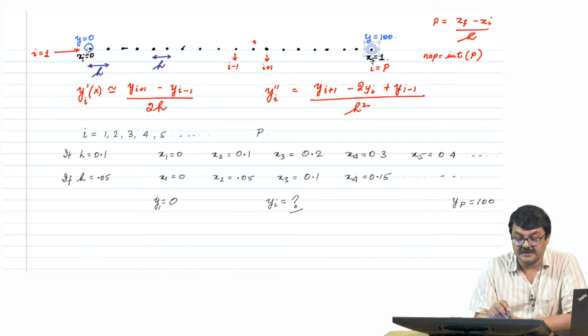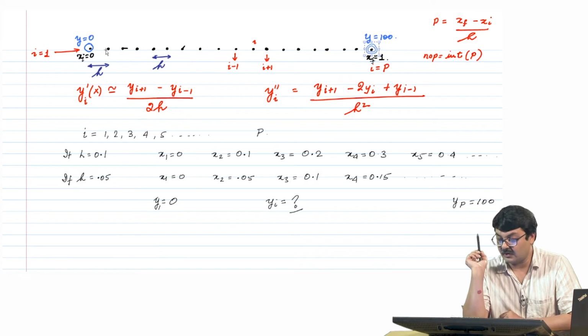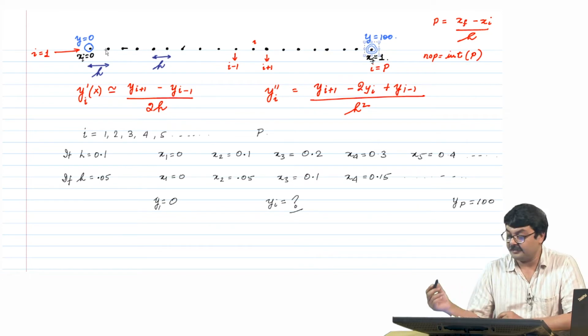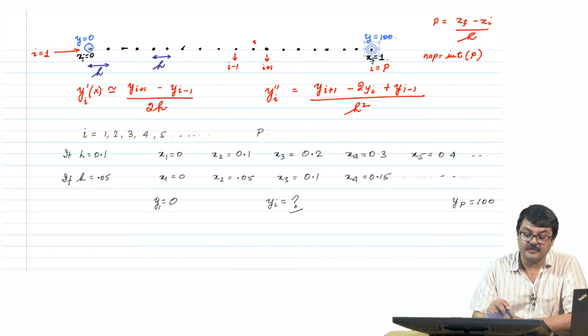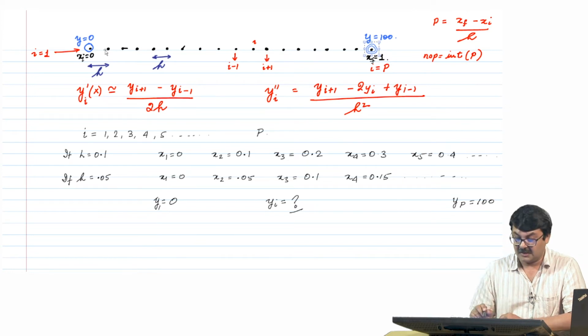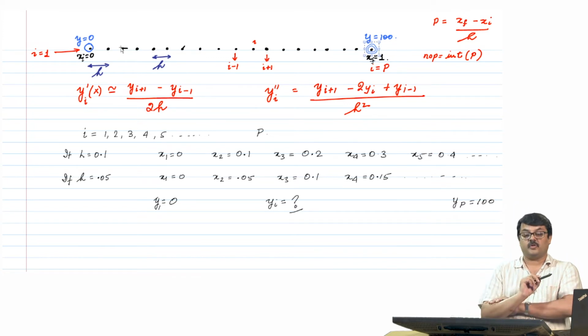Suppose this is x equal to 0 and this is the value of x at a distance h from this point, so each of these intervals is called h. h can be, suppose, 0.05 as an example. Then at this point x would be 0, at this point x would be 0.05, at this point it would be x equal to 0.1, and so on.